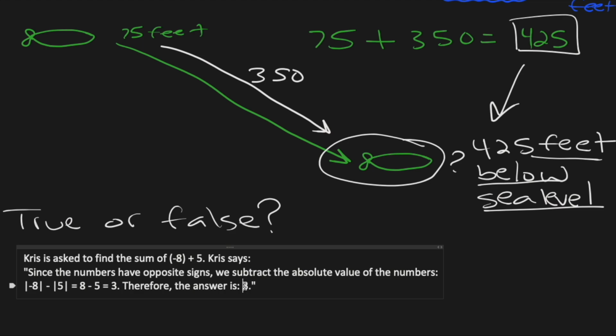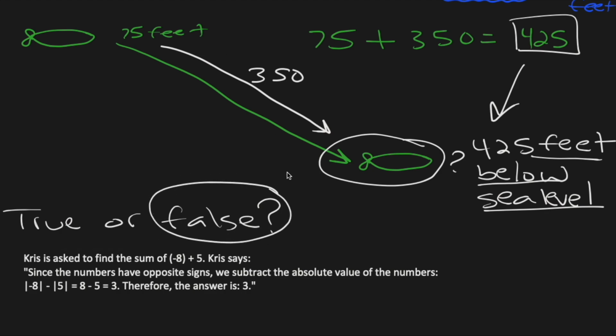So he would have been correct if he had put a negative in front of the 3. But because he just said it's 3, this statement is false. To make this statement true, he would have said negative 3.